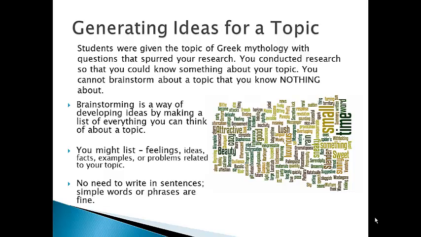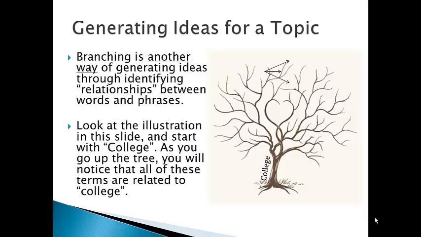If we were looking at Greek mythology, we would be able to pull keywords, ideas, and phrases from some of the information that you researched. Another way to generate ideas for a topic is branching. Branching is identifying relationships between words and phrases. Let's look at the illustration in the slide.